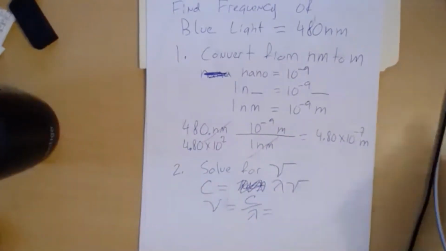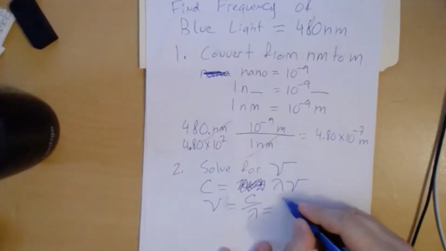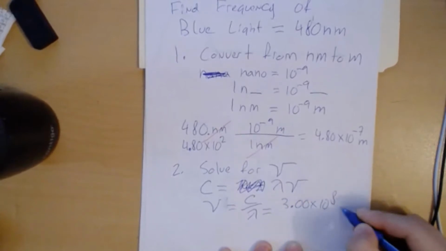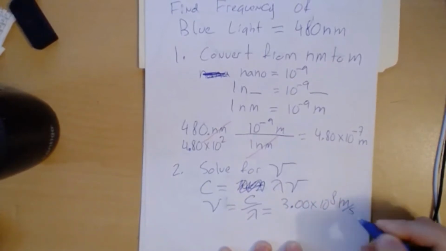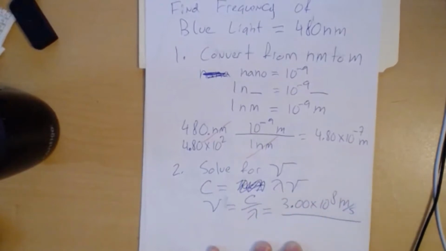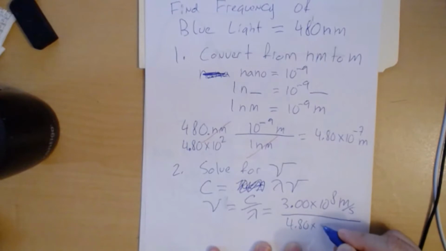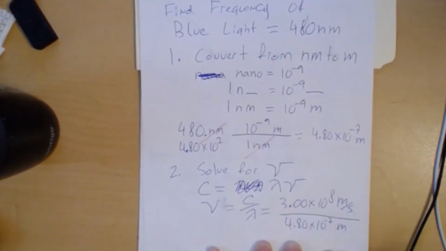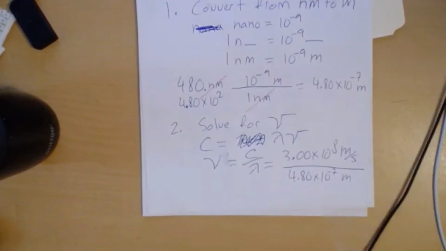So the constant speed of light, 3.00 times 10 to the 8 meters per second divided by 4.80 times 10 to the minus 7 meters. What happens to the units there?